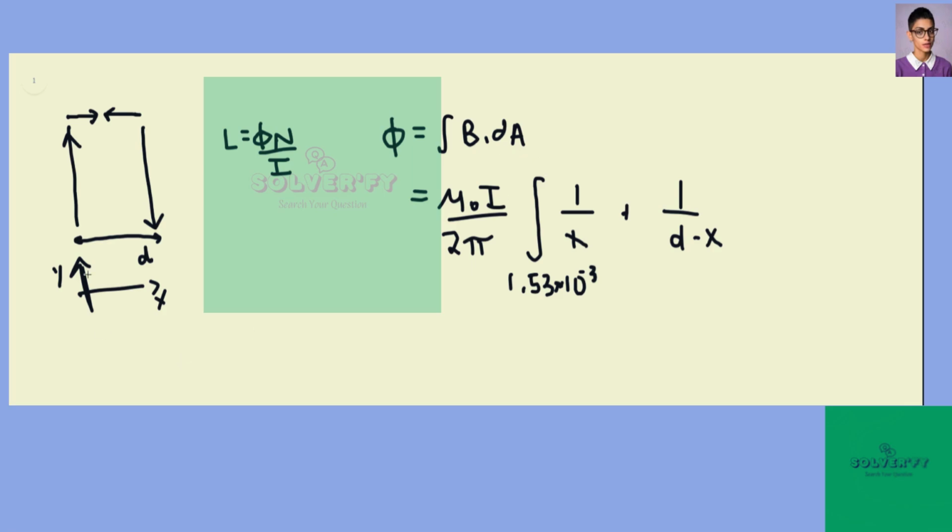So we want to start integrating here, and then we want to end the integration one radius away from the separation, just at the border of this wire. So it's going to be d minus 1.53 times 10 to the minus 3 meters. And we'll integrate that with respect to x.